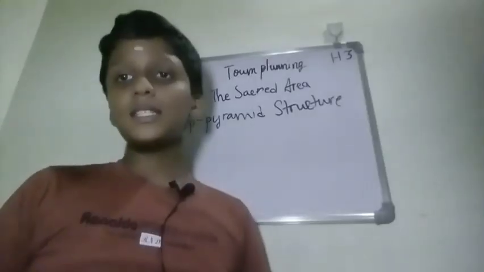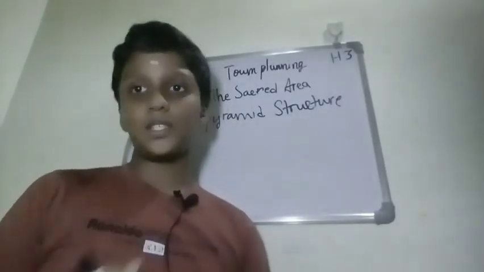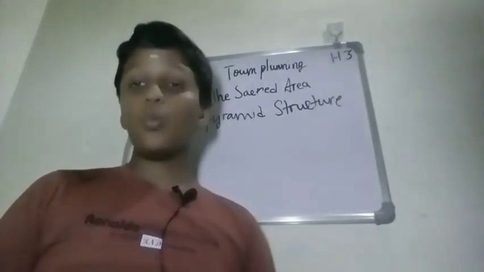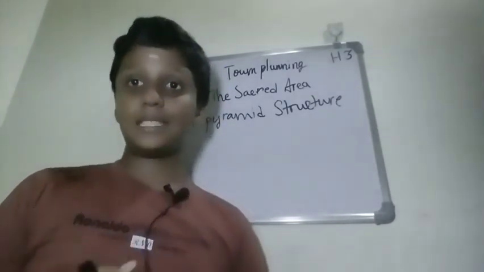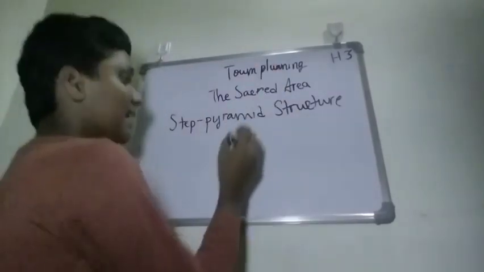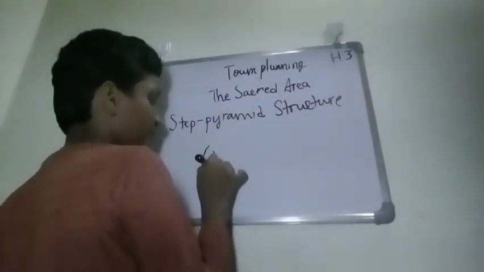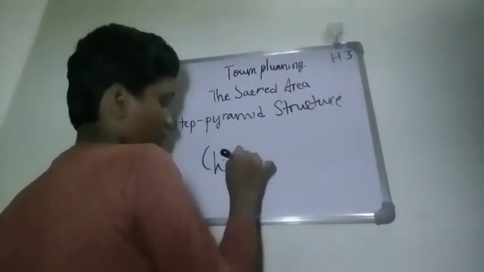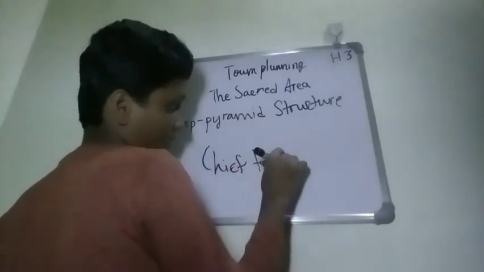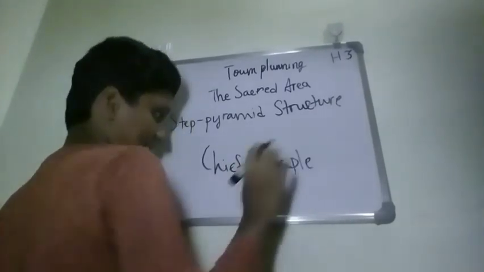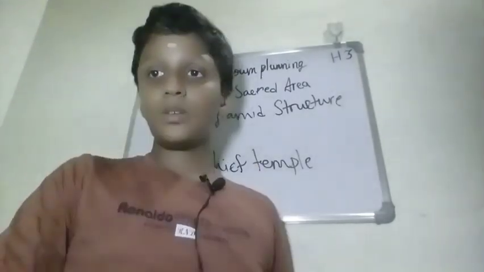So what was the ziggurat? Why were the ziggurats built? The ziggurat was the chief temple of the chief deity of the city.